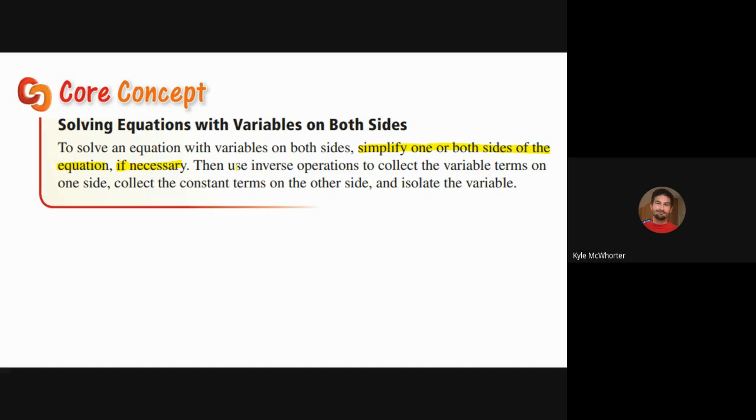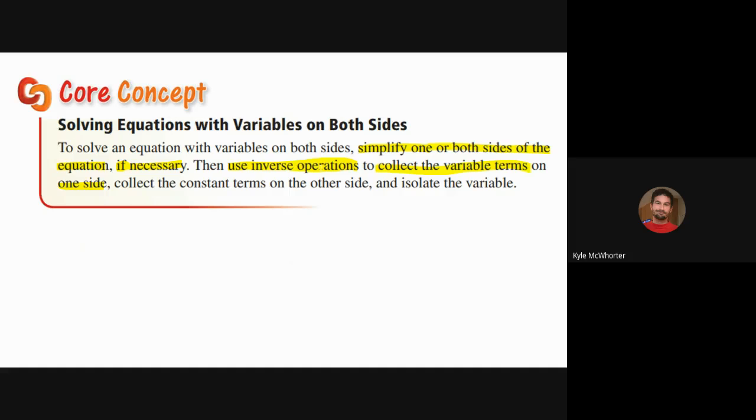Then when you have a variable on both sides, you're going to use inverse operations to collect the variable terms on one side. So you're going to get all the variables on one side of the equal sign, and then you're going to get basically all the numbers on the other side, and then you start isolating the variable with more inverse operations.